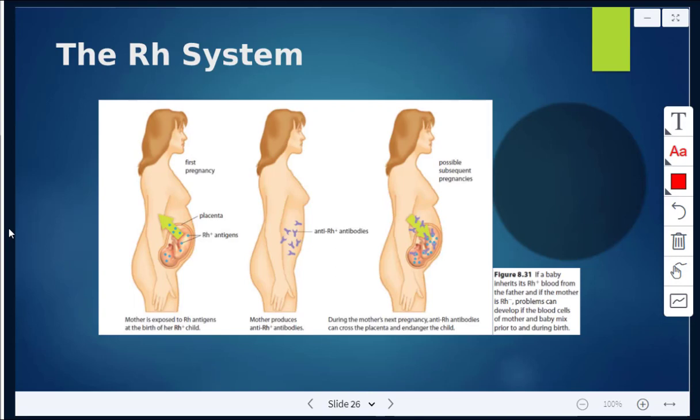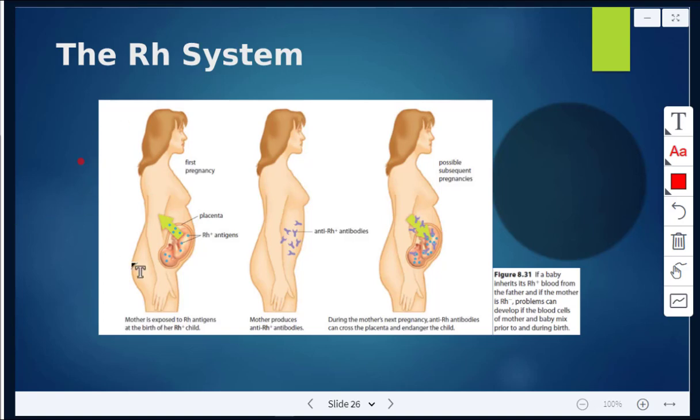All right, so this is just showing if a baby inherits its Rh positive blood from the father, and if the mother is Rh negative, then problems can develop if the blood cells of the mother and baby mix prior to and during birth.